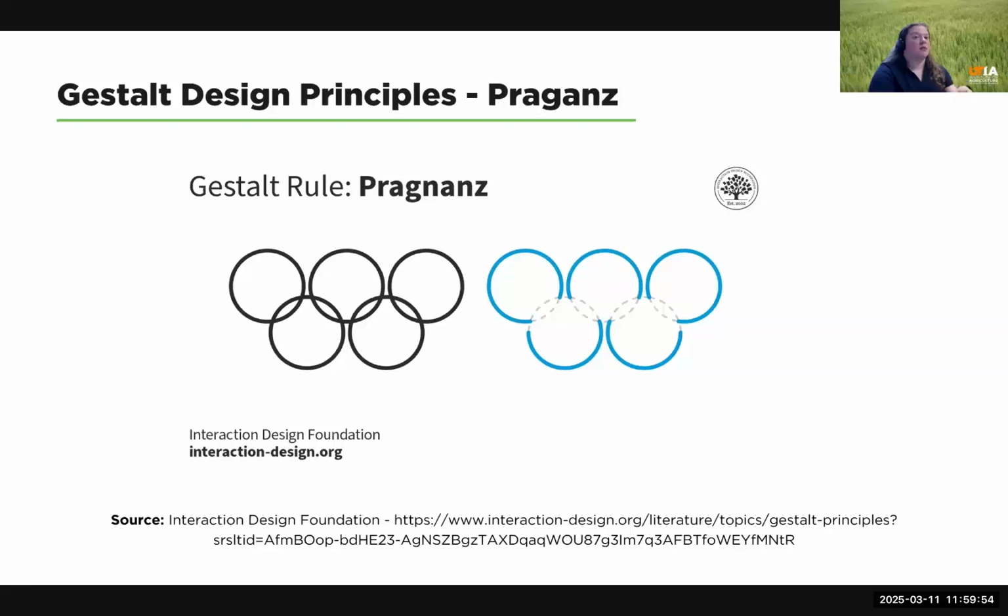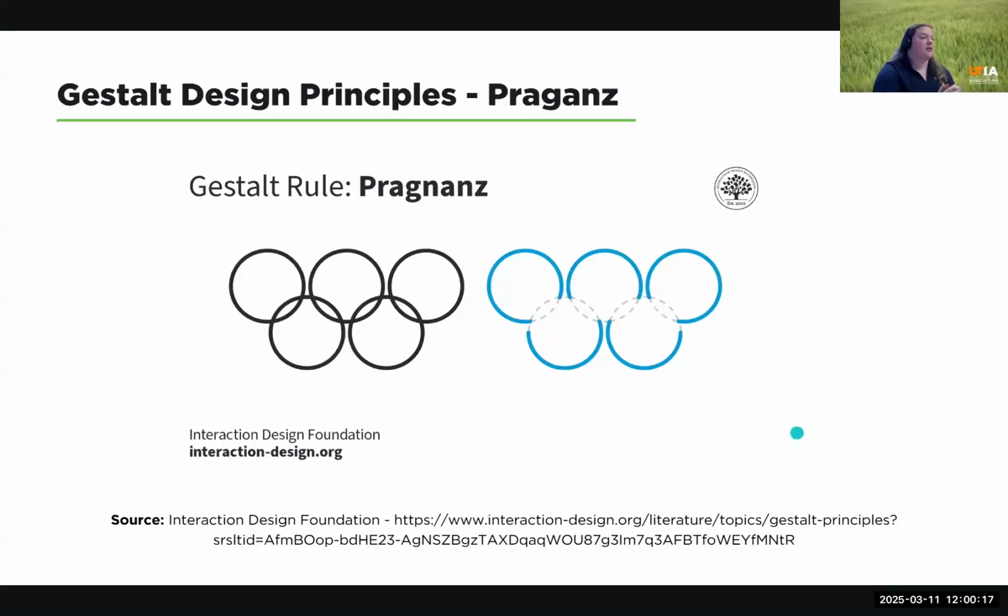The idea behind pragnanz is the human tendency to simplify complexity. So really all that means is that, as I mentioned earlier, our brains are really, really good at picking up on patterns and identifying individual pieces in a whole.